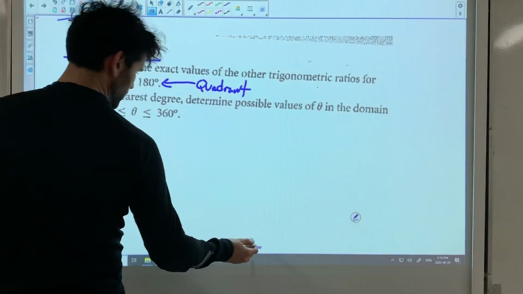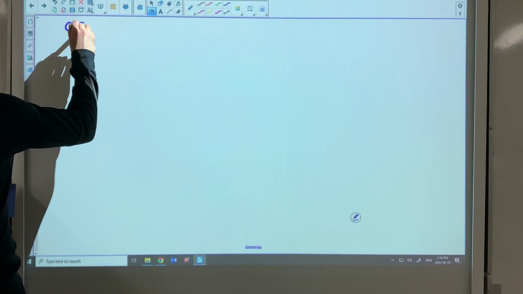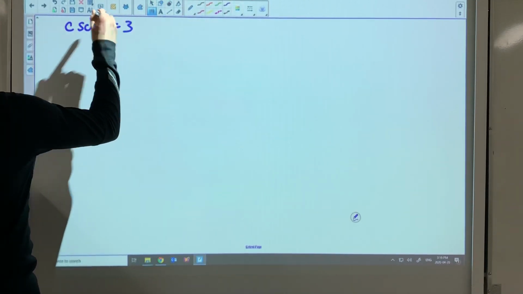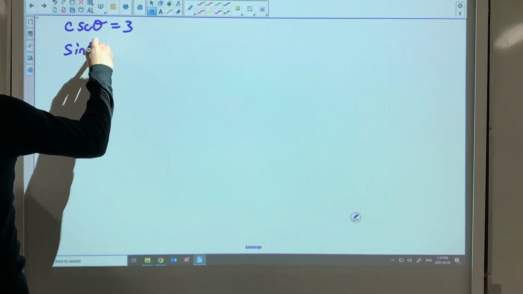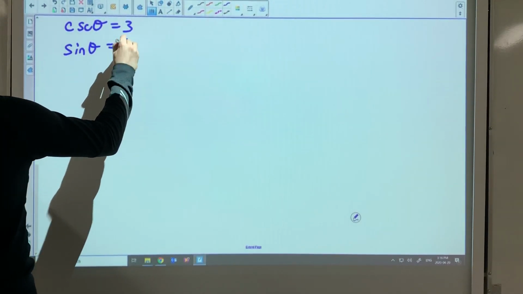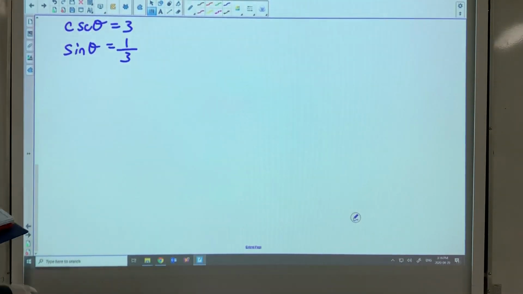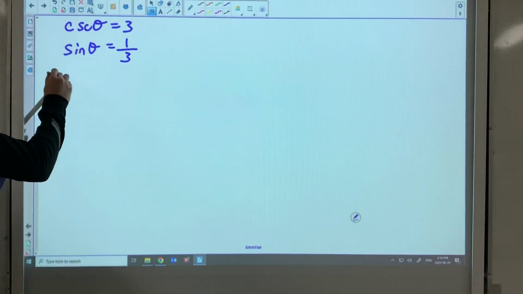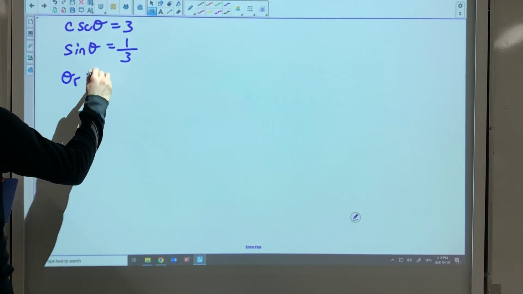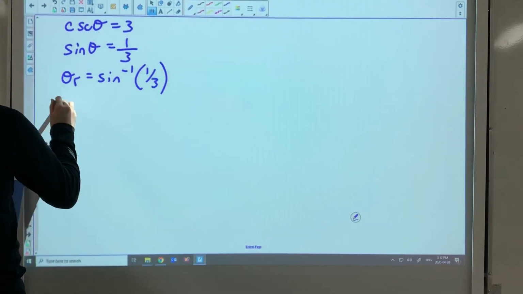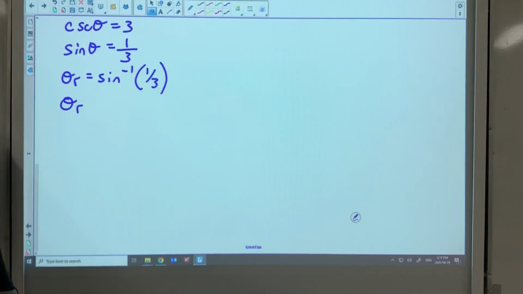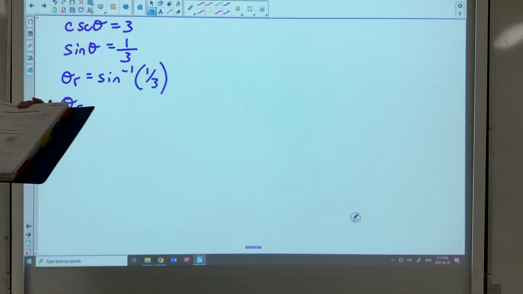So how do we do this question? Well, remember, they're giving us cosecant theta equaling 3. To find sine, I just got to go 1 over cosecant. So now I know that my sine theta is 1/3. Now go find your reference angle on your calculator: inverse sine of 1/3.